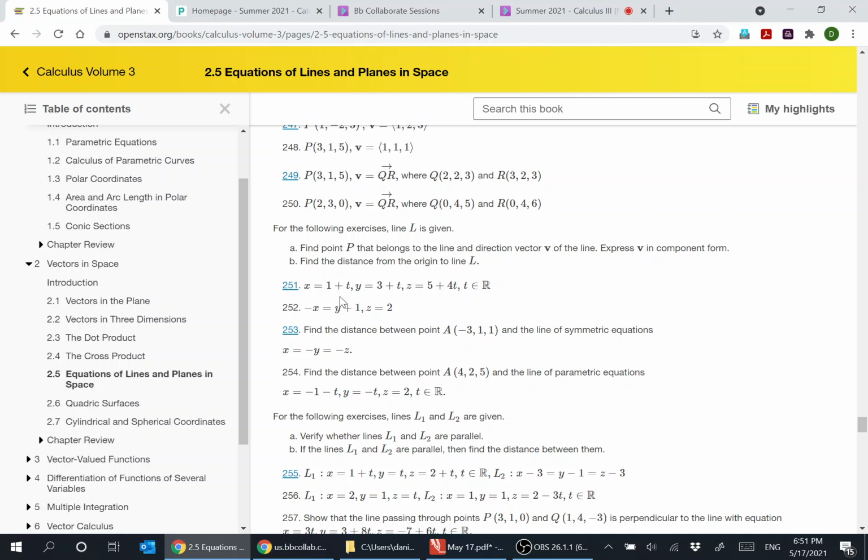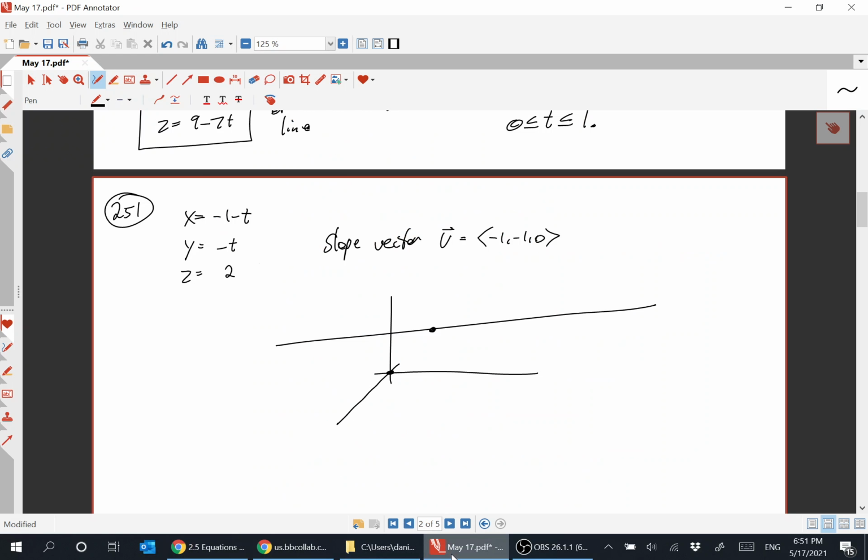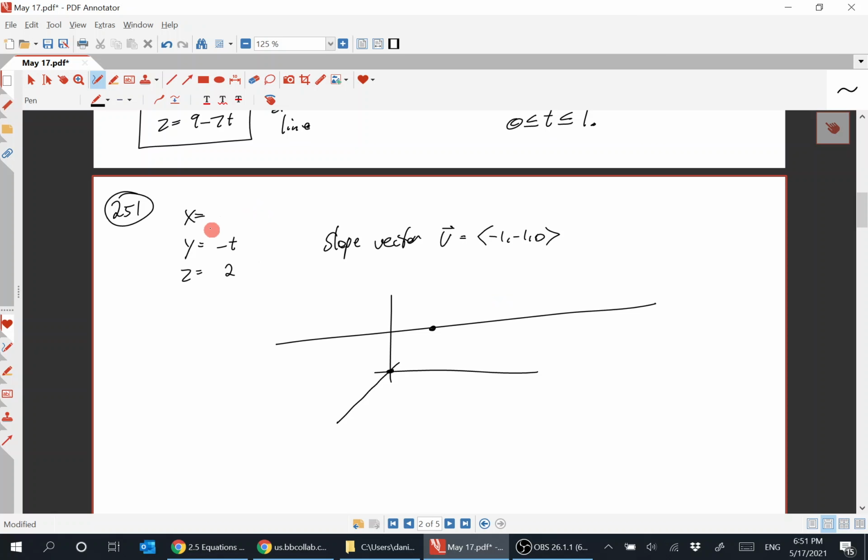What are they? 1 plus t, 3 plus t, 5 plus 4t. So the slope vector is 1, 1, 4.